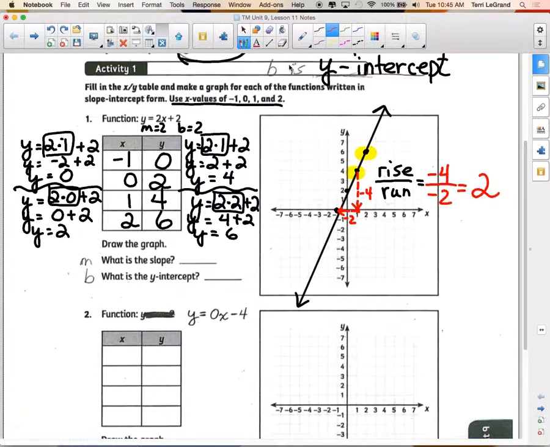But I only have to go over 1. Check your graph again. Your run should only be 1. And then it would be 2 over 1. And 2 over 1 would be 2, just like I got.